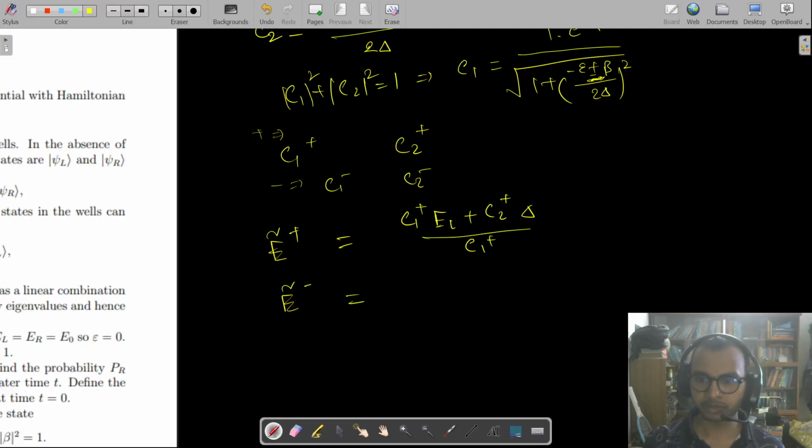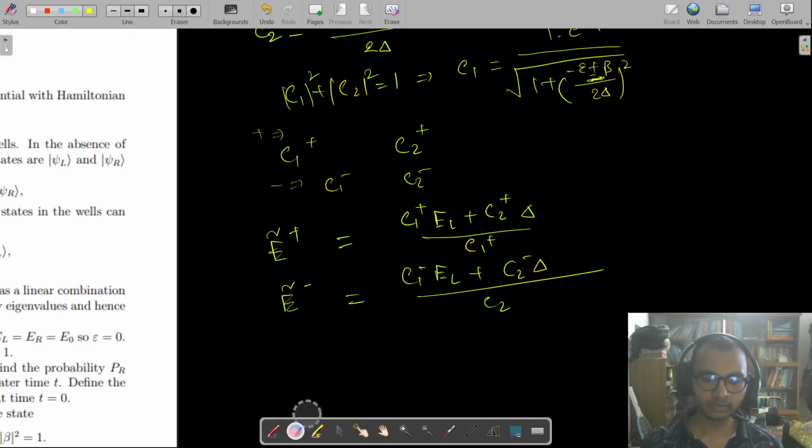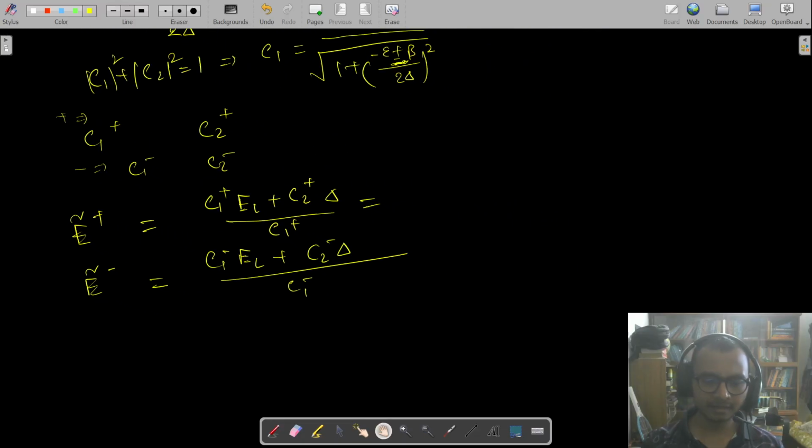I don't have them in my memory. I've written them down in these sheets of paper. This one's C2, this one's C1 minus. All right, let's simplify this.